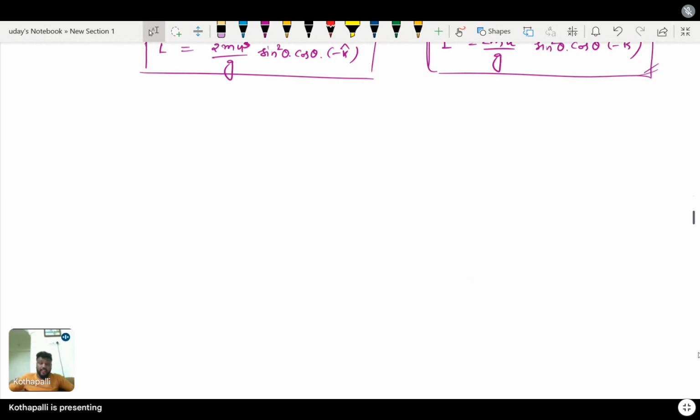Now, if I take a rigid body, with a distribution of mass, how do we calculate the angular momentum of the rigid body about any axis of rotation? Let us see. The derivation is not important, but the final result is very important. Based on that, we have many applications. So the side heading you can keep as angular momentum of any rigid body.